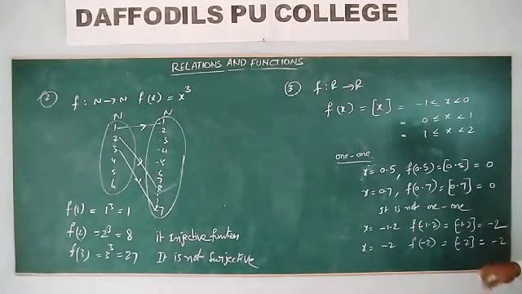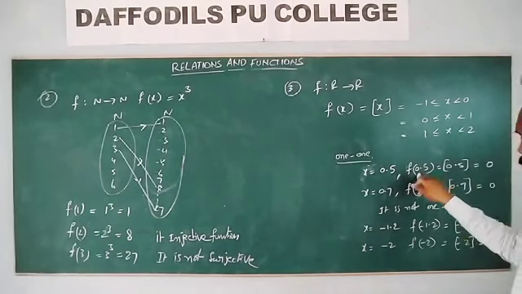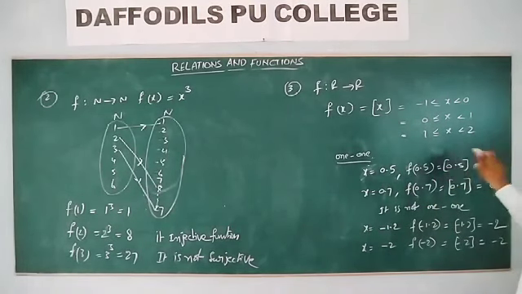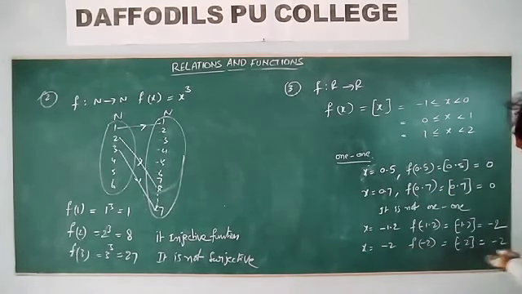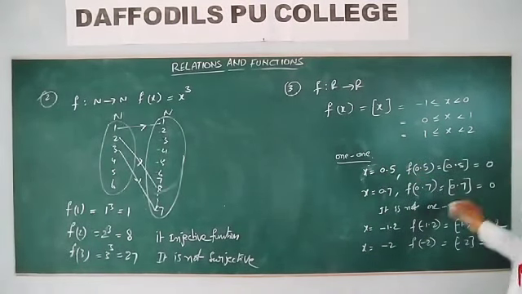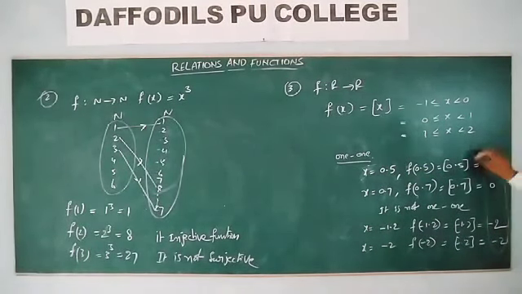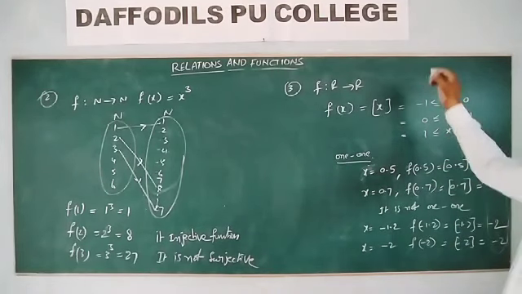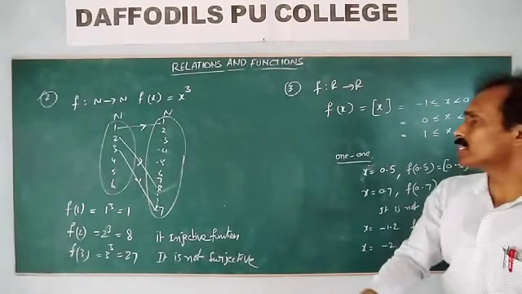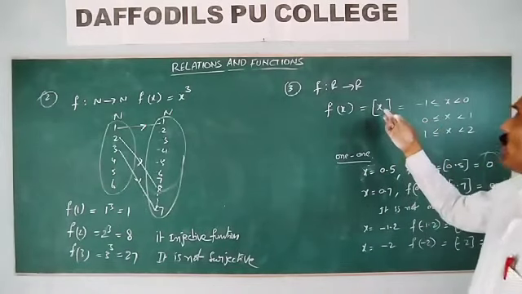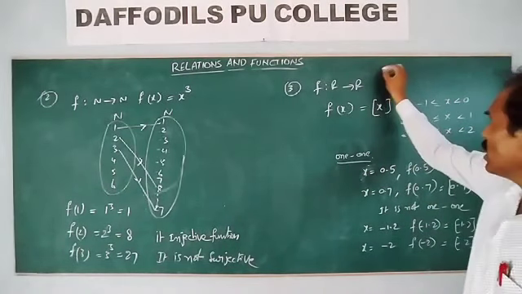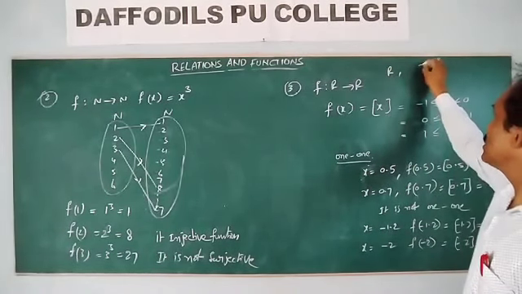Once you observe, students, all answers, meaning the range, are integers only. If you take decimal values, the answer is an integer. If you take an integer, the answer is also an integer. So for all real numbers, what is the range? Integers. You already learned this in first PUC: the domain of the step x function is real numbers, and the range is Z.